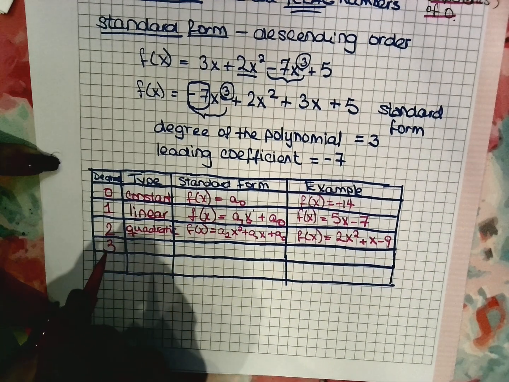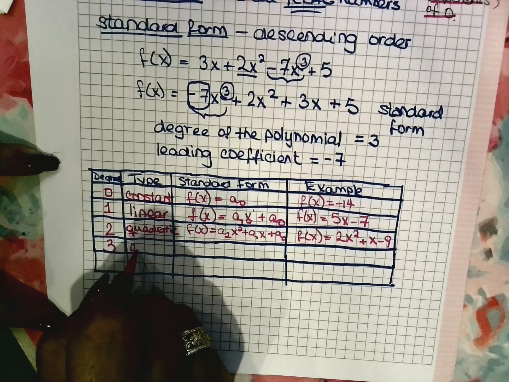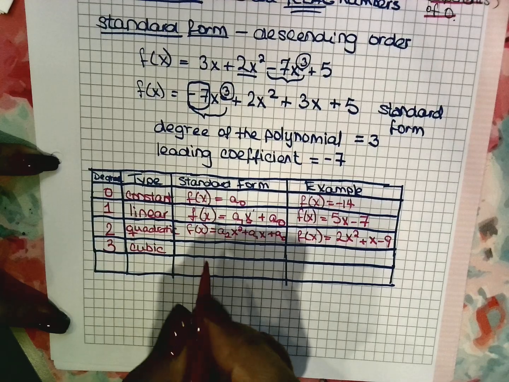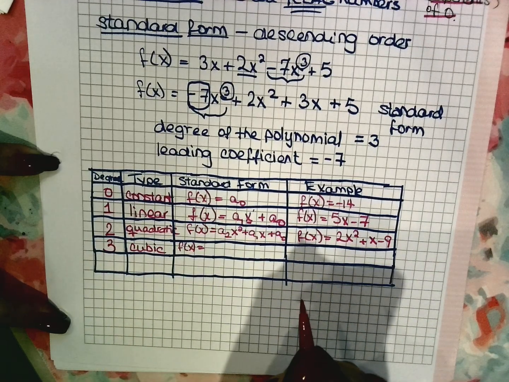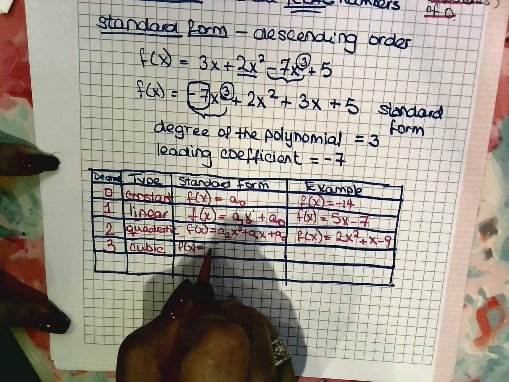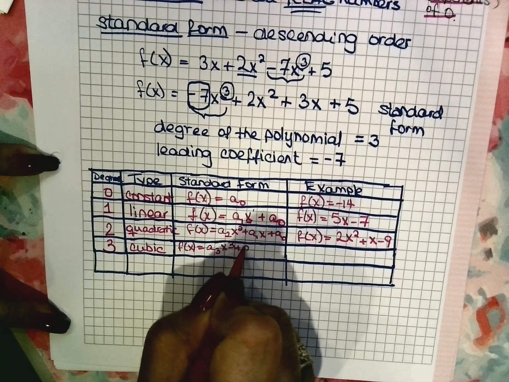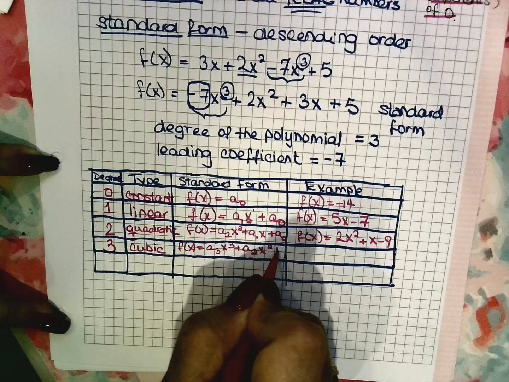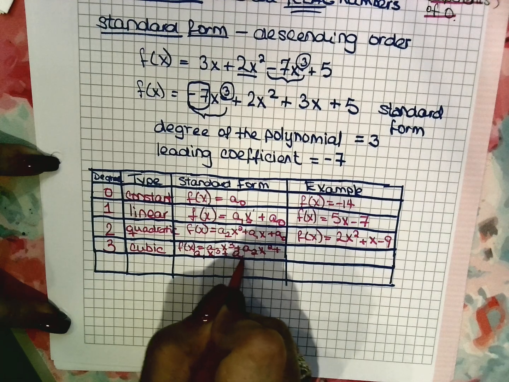Number 3, if the degree is a third degree, it is going to be called a cubic. And you guessed it, that means there's an x to the third power term. So we have a sub 3 x to the third plus a sub 2 x squared plus a sub 1 x plus a sub 0.